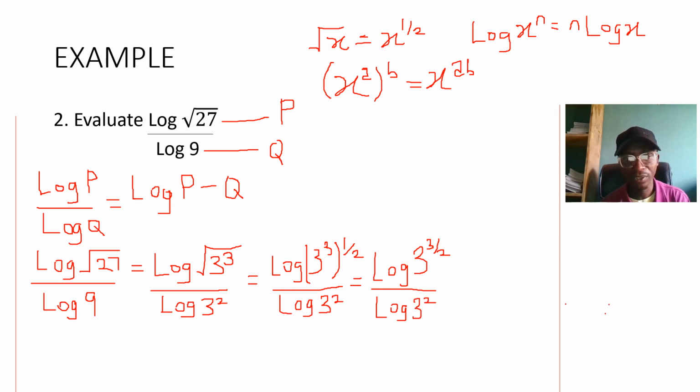Then we are now safe to apply the exponential rule of logarithm. If we apply that, that will make this 3 over 2, which is the power, come down as the base, and that will also make this 2 at the denominator come down as the base.